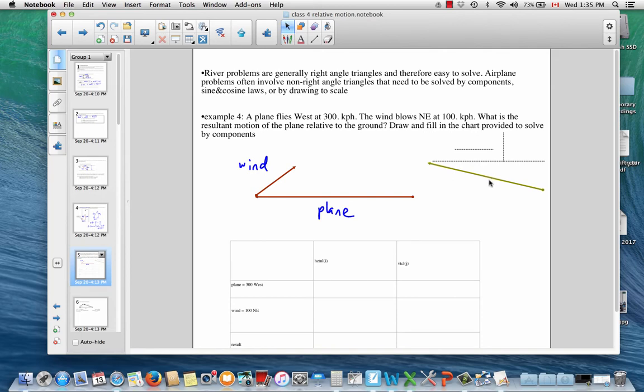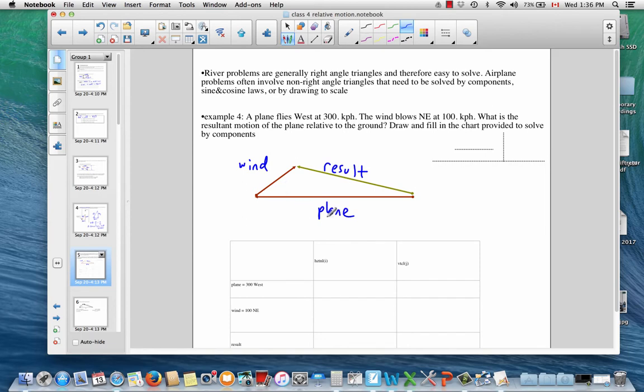This will be the resulting motion of the plane right here, and we just want to find out how much that is. We know the plane speed and direction, and we know the wind speed and direction. Oh boy, that's terrible. That's supposed to say result. Let's write that again. Okay, so that means we have to add 2 vectors.